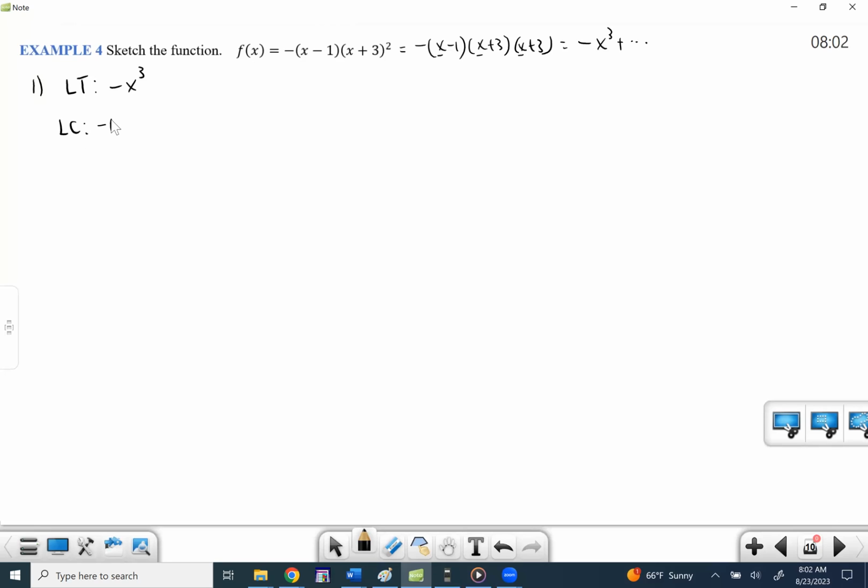The leading coefficient, that front number, tells us what the right is doing. Since it's negative, that implies that the right goes down.